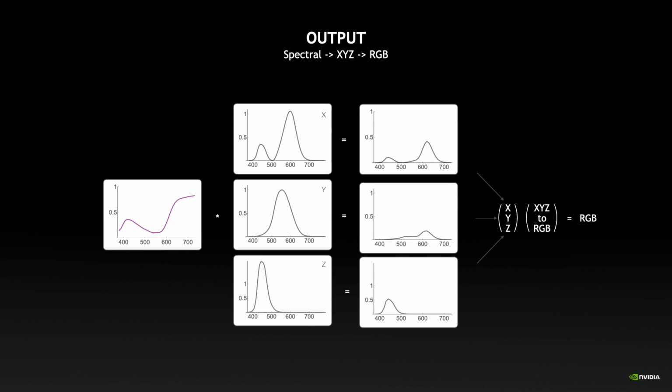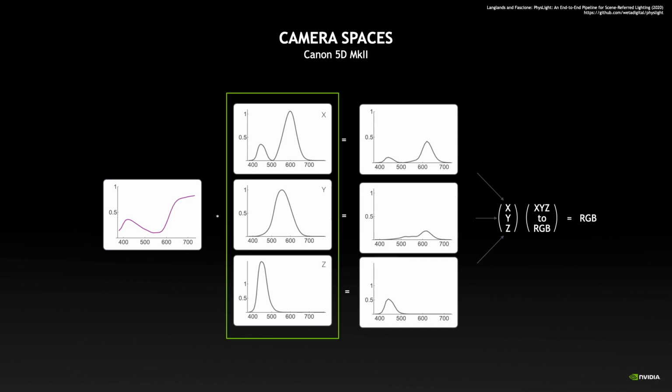For content production, for movie production, XYZ is, again, great, but not really what you need. What we are after here are camera spaces. So what we do here is, instead of using XYZ curves, we will use camera profiles. Every camera comes with a specific camera profile which can be measured. And we use these profiles to simulate what the camera would see.